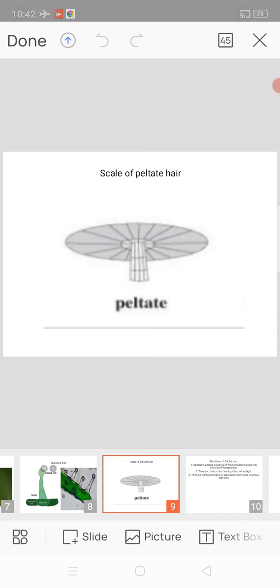In Latin, peltate means target-shaped or shield-like and attached by its lower surface. A scale consists of a discoid plate of cells often borne on a stalk or attached directly to the foot.